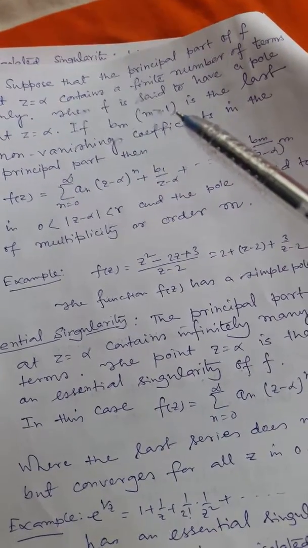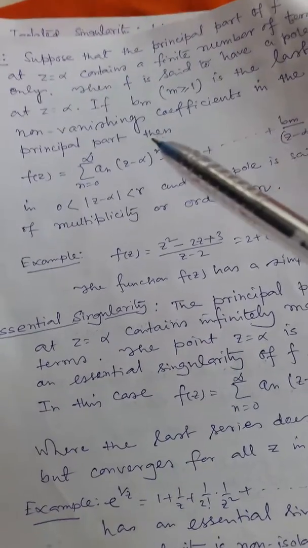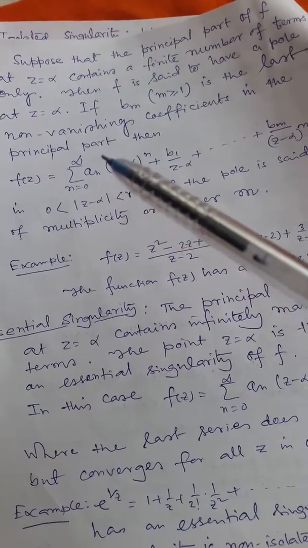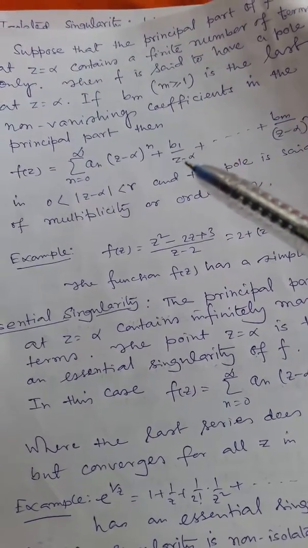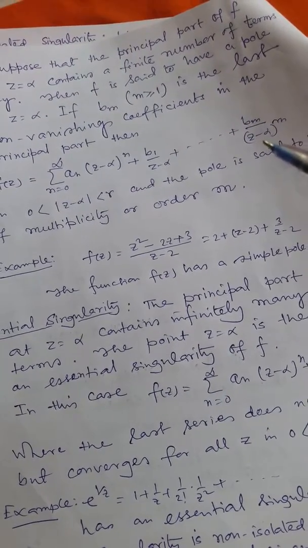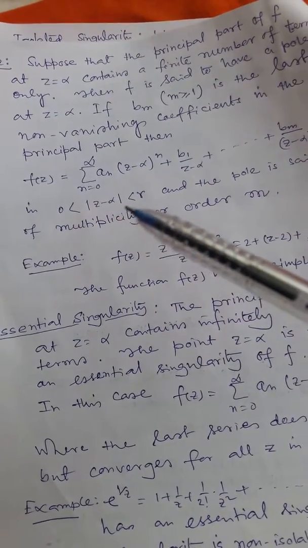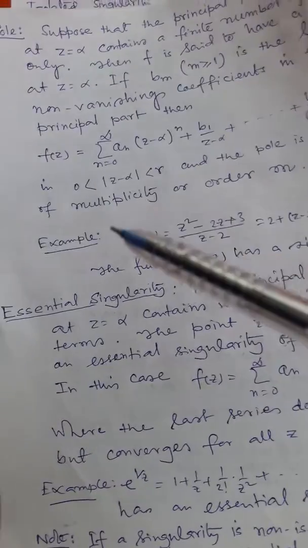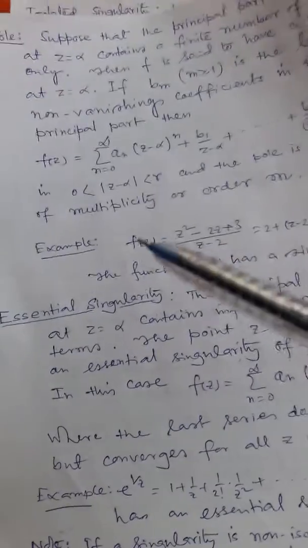If b_m, m greater than or equal to 1, is the last non-vanishing coefficient in the principal part, then f(z) equals summation of n equal to 0 to infinity a_n (z minus alpha)^n plus b_1 by (z minus alpha) plus dot dot dot plus b_m by (z minus alpha)^m in 0 less than mod z minus alpha less than r, and the pole is said to be of multiplicity or order m.